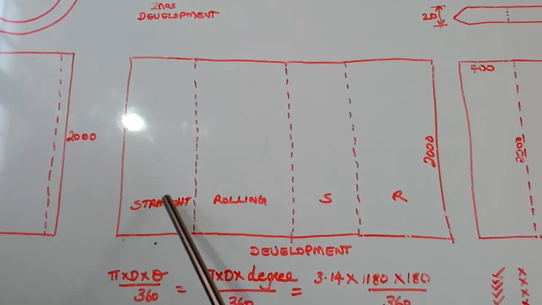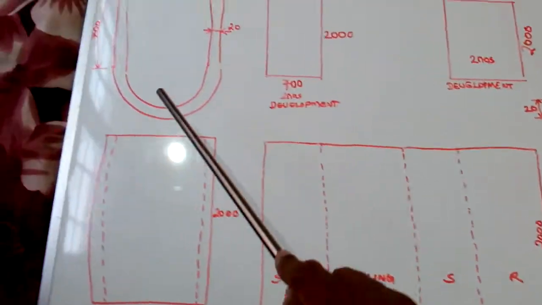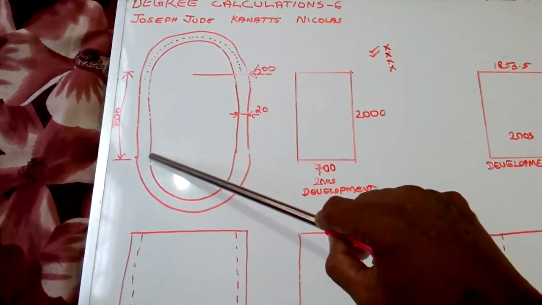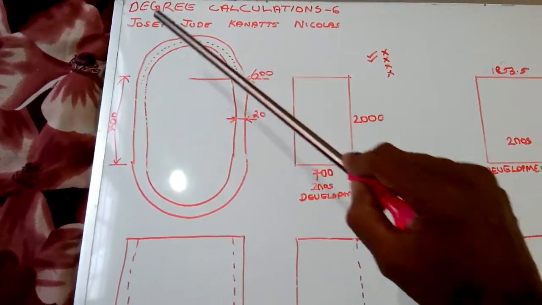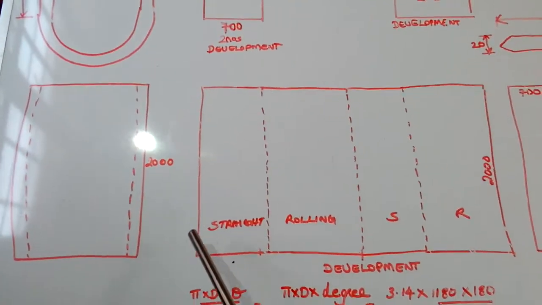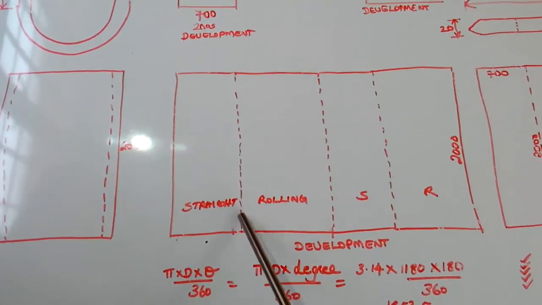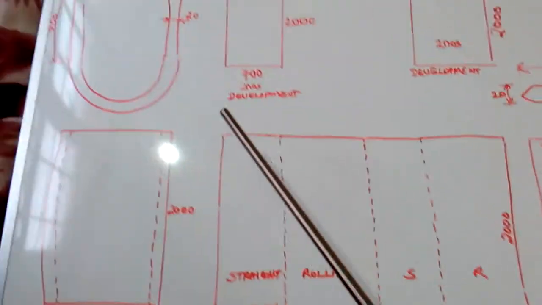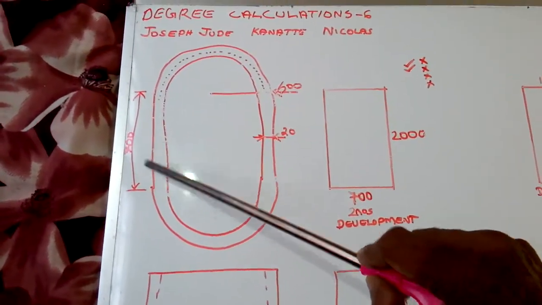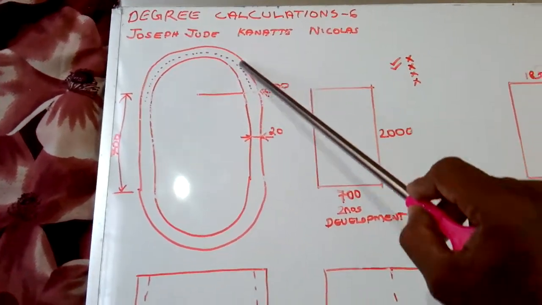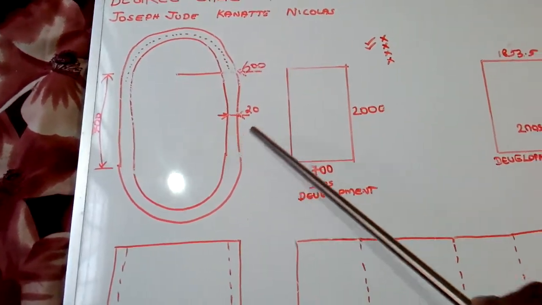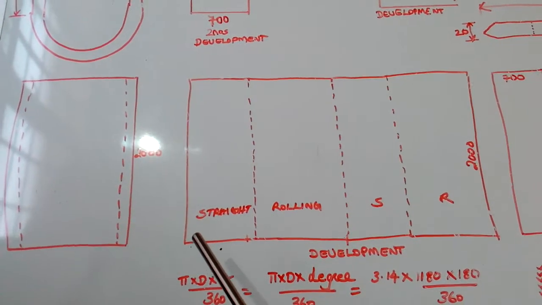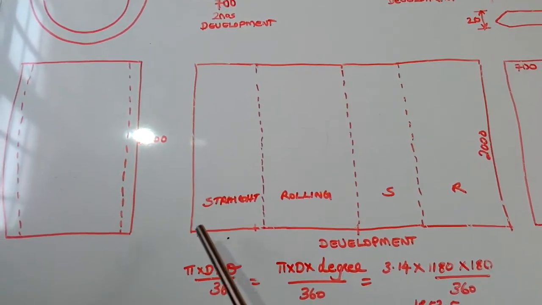I have written straight here because this portion is straight. Afterwards, the rolled portion is coming. Here I have written rolling. So first we see a straight portion, then a rolled portion, again a straight portion. So two straight portions and two rolled portions are coming.